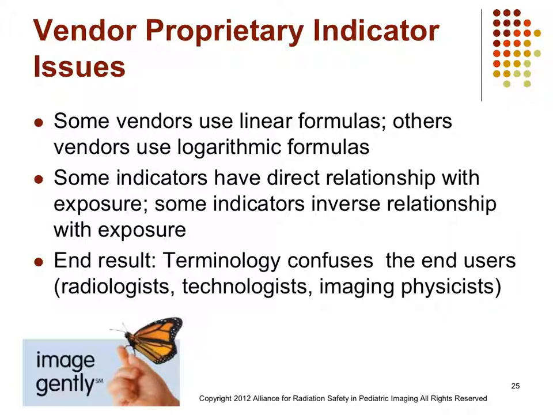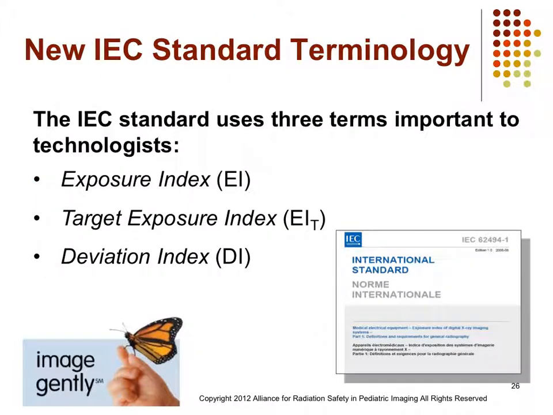And in the end, this is going to result in confusion to the end users. So fortunately, there is help on the way. At present, there has been an agreement to adopt a new exposure indicator standard for all equipment vendors going forward.